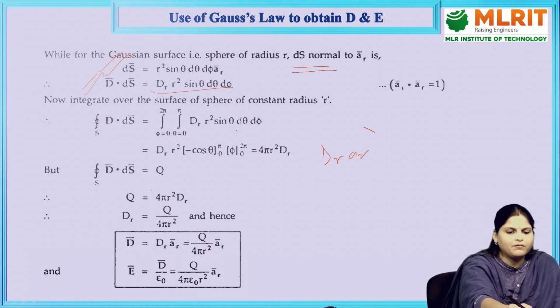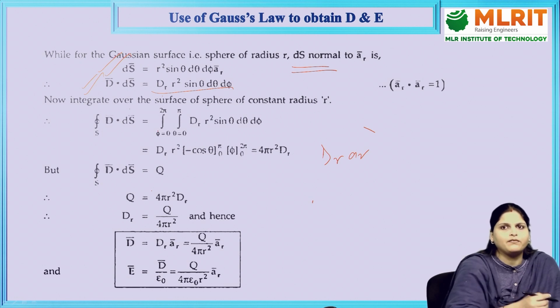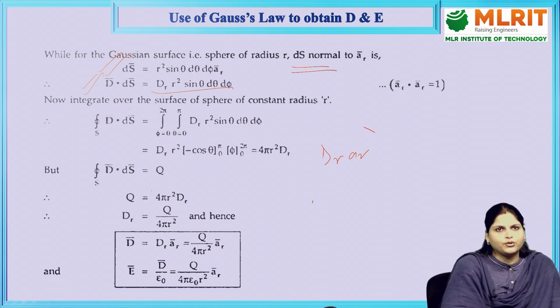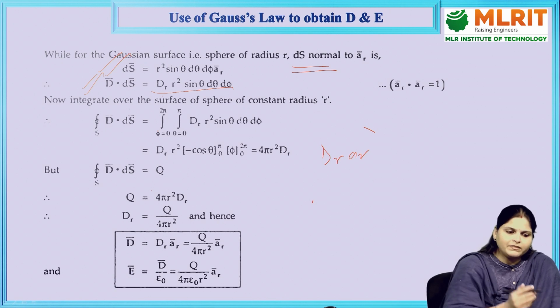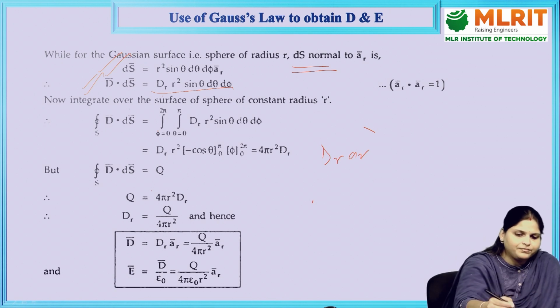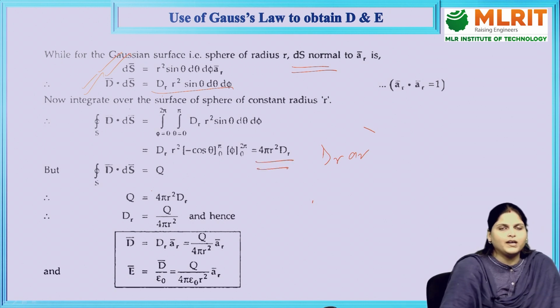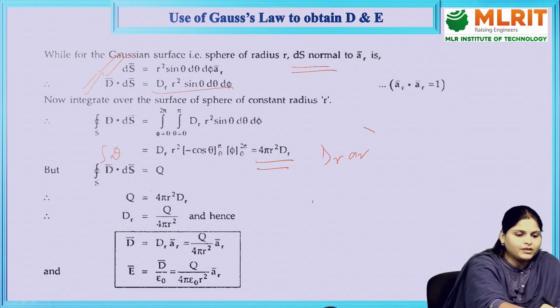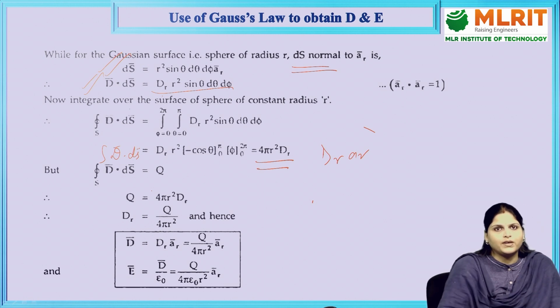On this side again we have theta angle and phi angle, so in the integration sign we can put the limits 0 to 2 pi and 0 to pi. Then we simplify it and we get 4 pi r square Dr. So we got integration of D dot dS is equal to 4 pi r square Dr.